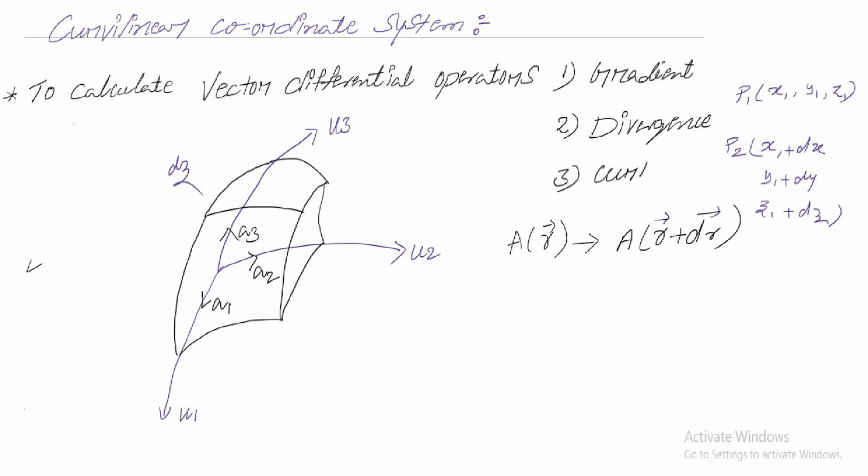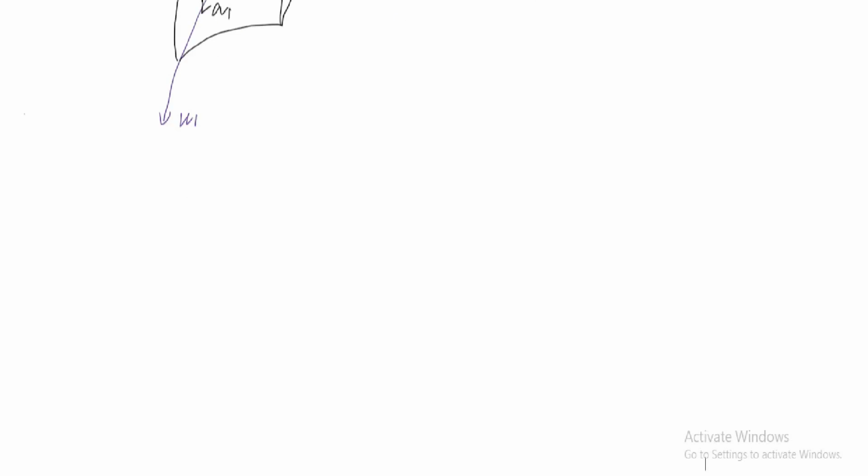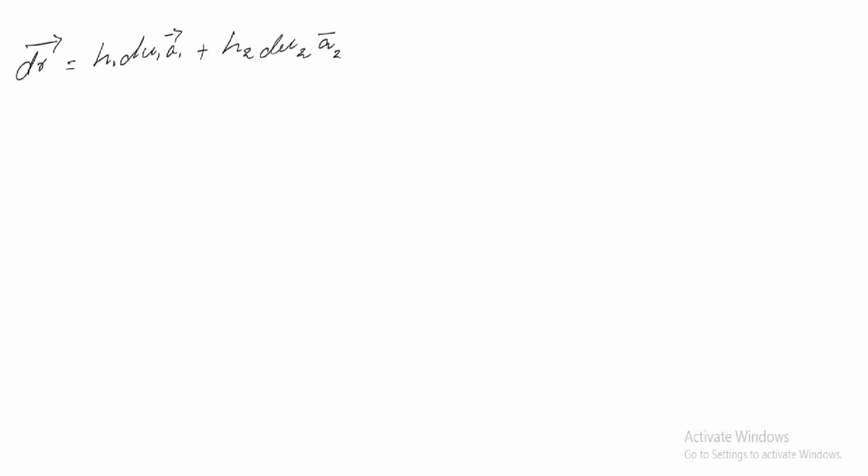So for this curvilinear coordinate system, we are going to define differential displacement. Differential displacement is indicated with dr bar. The differential displacement vector dr bar is equal to h1 du1 in the direction of a1, h2 du2 in the direction of a2, h3 du3 in the direction of a3.